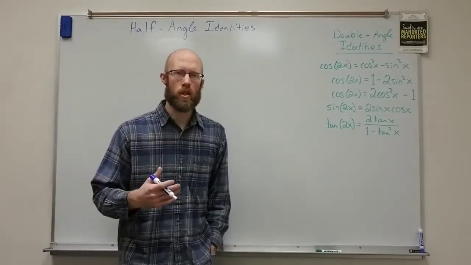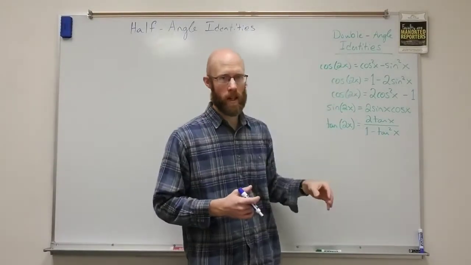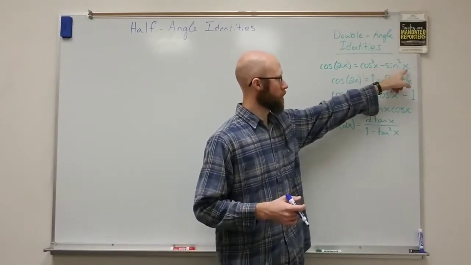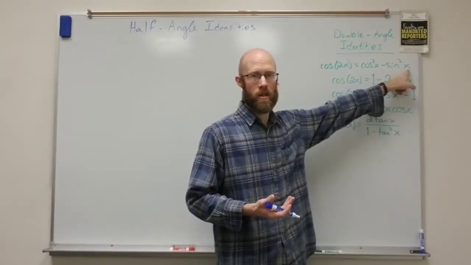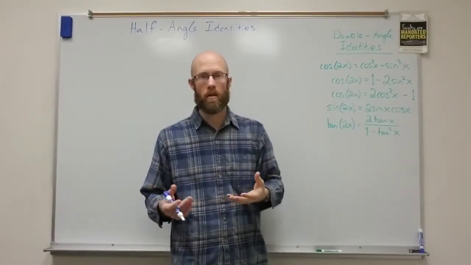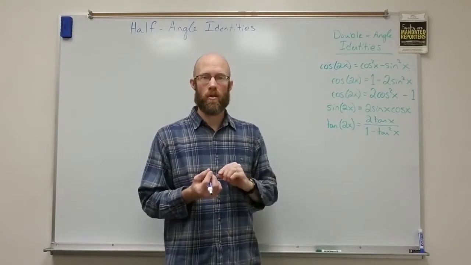The relationship between these, obviously, if you have a double angle identity, you have an angle x, for instance, and then you have another angle 2x, which is double the original angle. Well, with the half-angle identities, it reverses that.